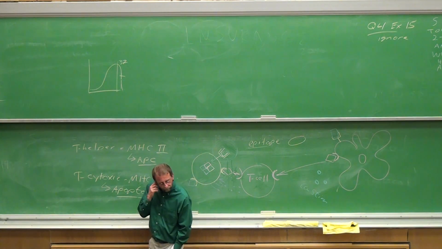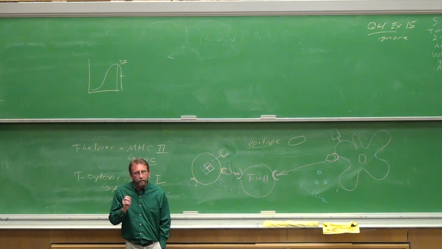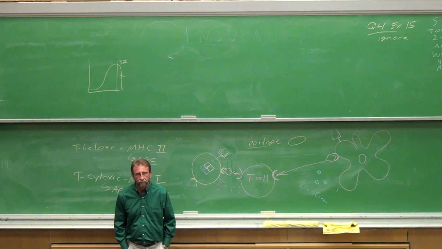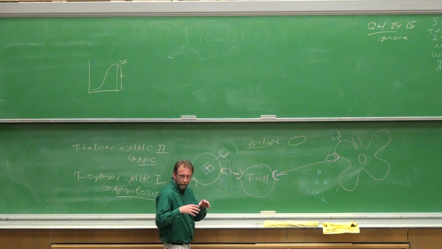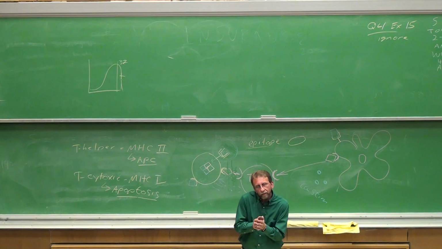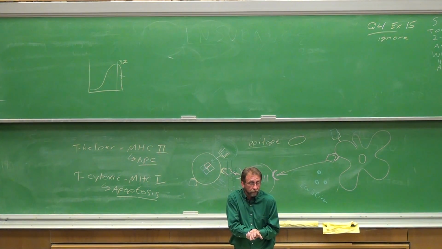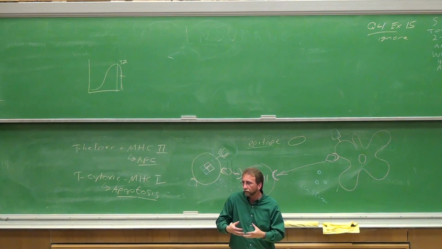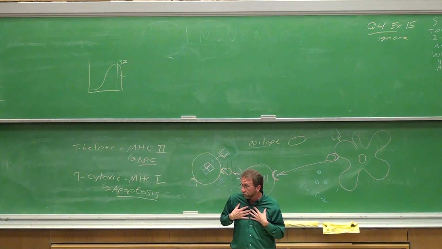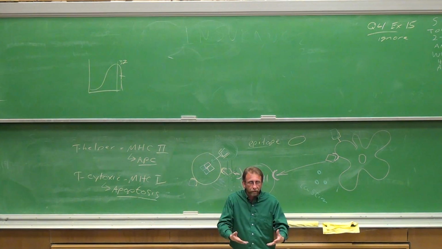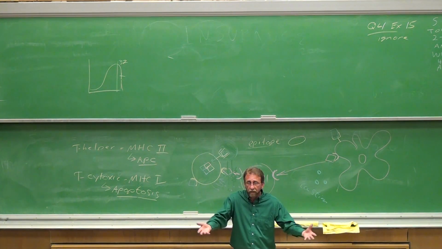Go ahead. So they have to be exposed to the MHC molecule to make their way to the thymus? Right, so in the bone marrow, the T cells have a tougher job than the B cells. We just want to make sure that the B cells don't recognize our own molecules. So we just expose them to our own molecules, and if they don't, they're good to go, and we release them.